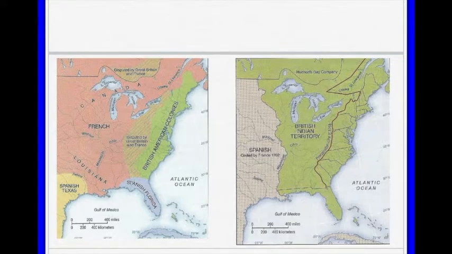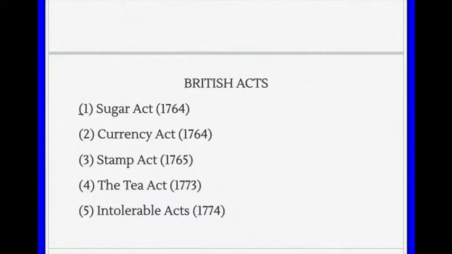And this will create a growing division between the English Empire and what will become the American colonies. The taxes included the Sugar Act, the Currency Act, the Stamp Act, the Tea Act, and the Intolerable Acts.